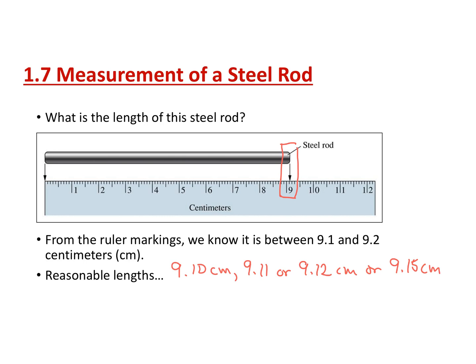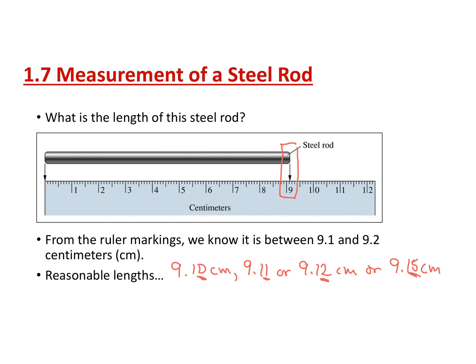And none of those would be wrong. And this is where significant figures come in because, as you'll notice, we all agree on the first two numbers, the 9 and the 1. Where we disagree is on the second decimal place, 9.10, 9.11, 9.12, 9.13, or 4, or 5.